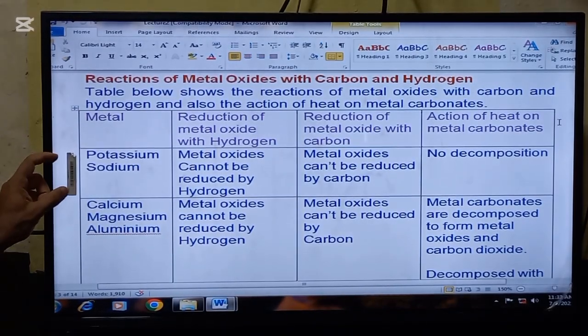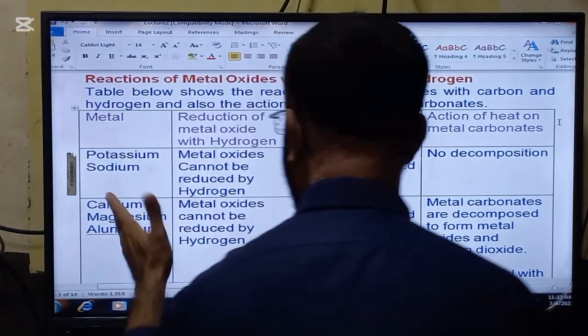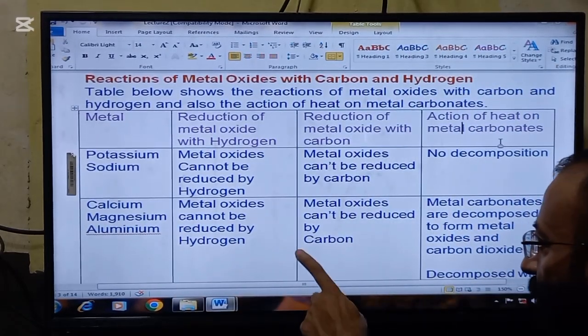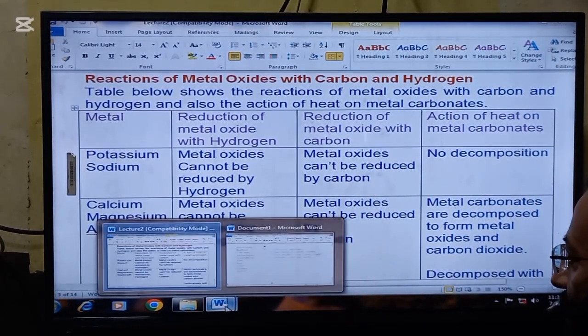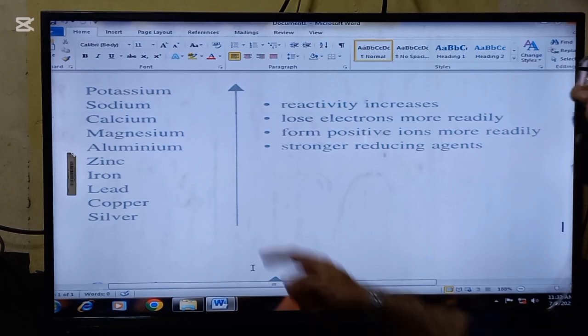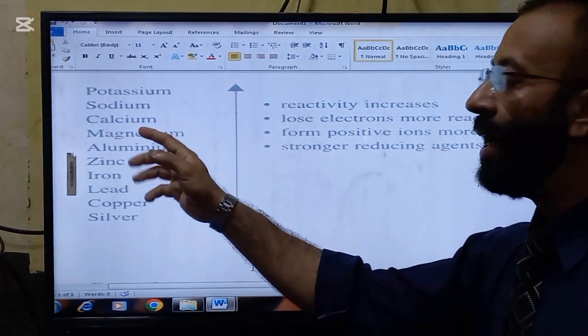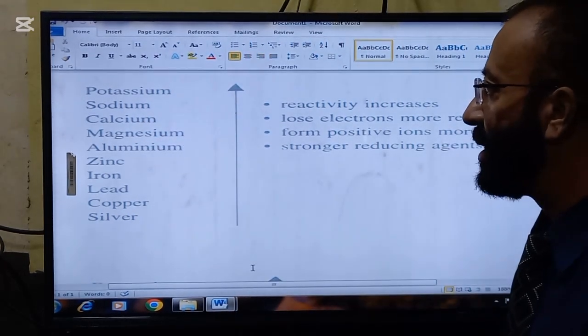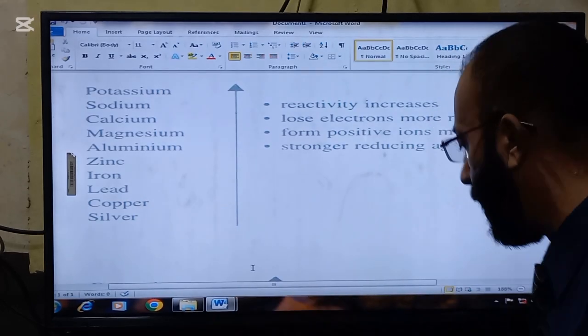So these are the metals which are at the top of the reactivity series. You can see potassium and sodium. So look now, potassium and sodium are at the top of the reactivity series, and then we will go down.